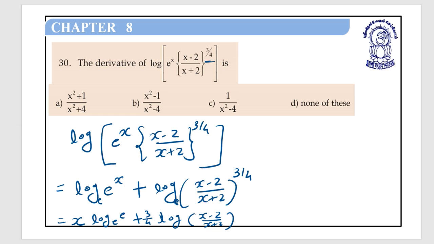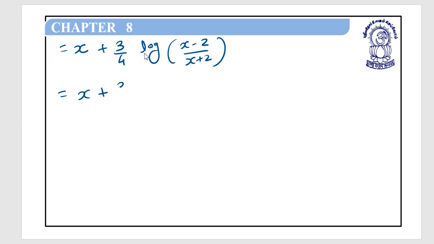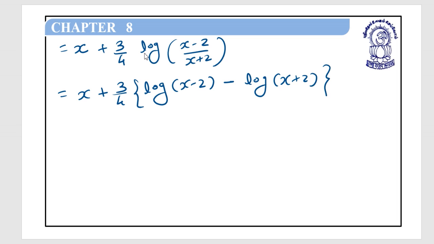So x log e means 1, so only x plus 3 by 4 log x minus 2 upon x plus 2. You can also write x plus 3 by 4 log x minus 2 minus log x plus 2.